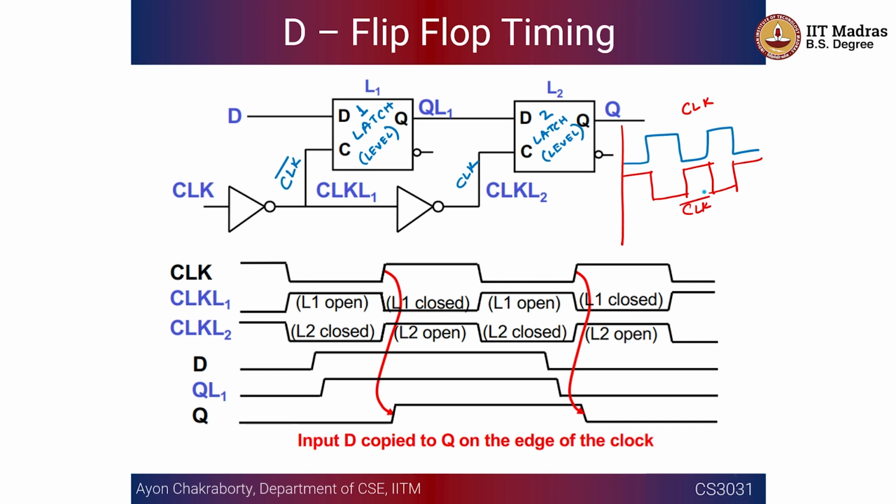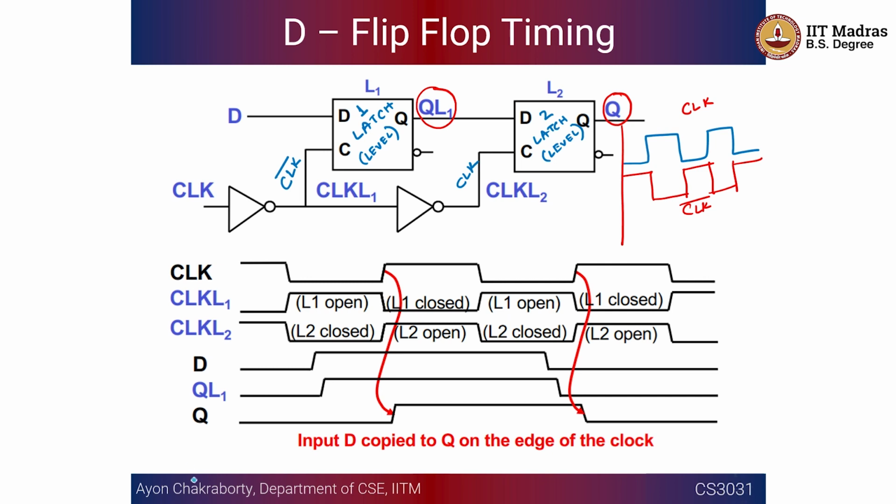So as you can see, the only time, a very small fraction of time, that is going to allow the output of latch 1 to be copied to the output of latch 2, or Q, is when both of them are 1, because both of them need to be level triggered.